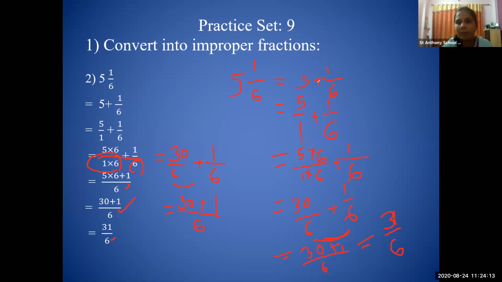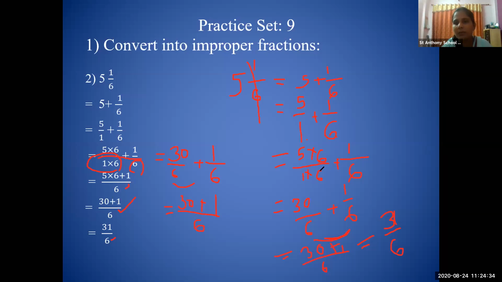See, 5 will remain as it is. यहाँ पे breakup है ना इन दोनों का, 5 और 1 upon 6 का. तो 5 plus 1 upon 6. Now I'll write 5 as 5 upon 1 plus 1 upon 6. Now the denominators are different, so I will cross multiply it. 5 gets multiplied with 6.